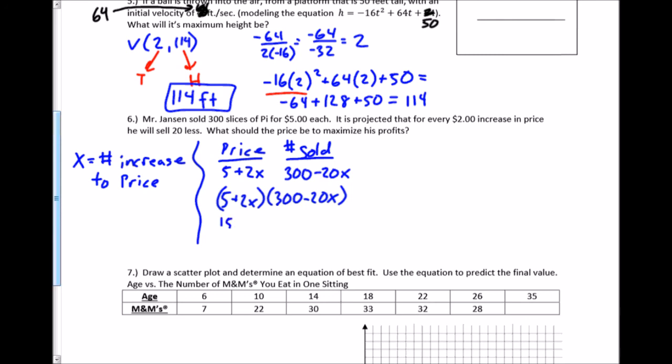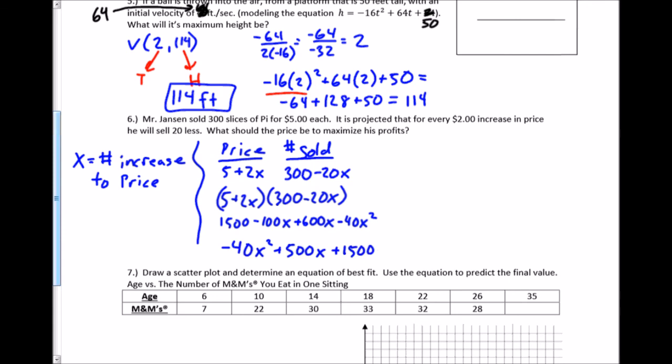That's going to give me 1500 minus 100x plus 600x minus 40x squared. So now I combine like terms. I rearrange this: negative 40x squared plus 500x plus 1,500.